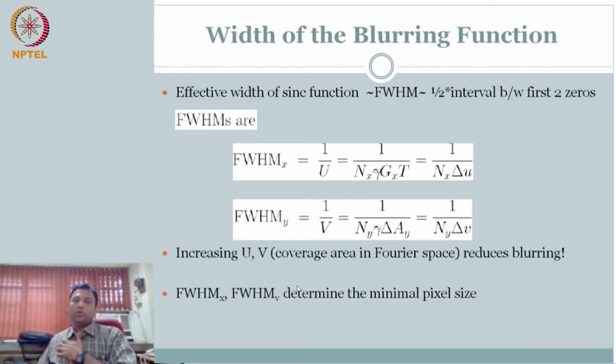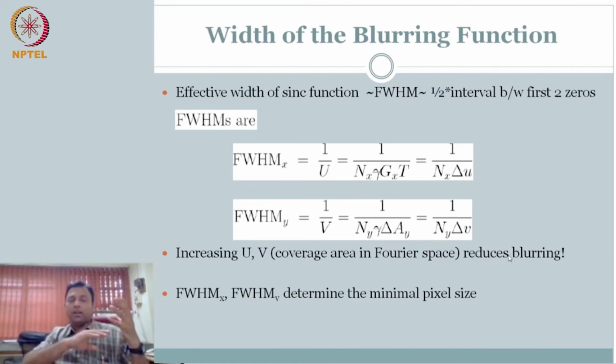So now increasing your u, meaning extent in your u direction, frequency space or coverage area in Fourier space, reduces blurring, which is pretty intuitive, right? High frequencies correspond to sharper transitions in spatial domain. That's the intuition that we have.